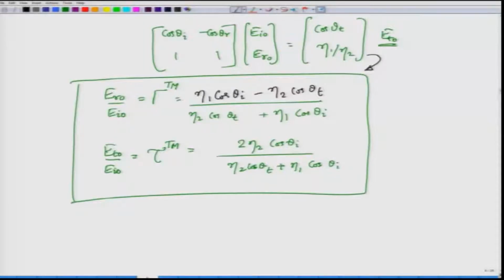Now, we will not do that here, but the final expression for gamma TE and tau TE we will write, but I want to write all these equations not in the form of wave impedances. Wave impedance is something that is quite popular when you study transmission lines, for example, where you talk about the characteristic impedance of a transmission line of given permittivity and for another medium of a different permittivity.